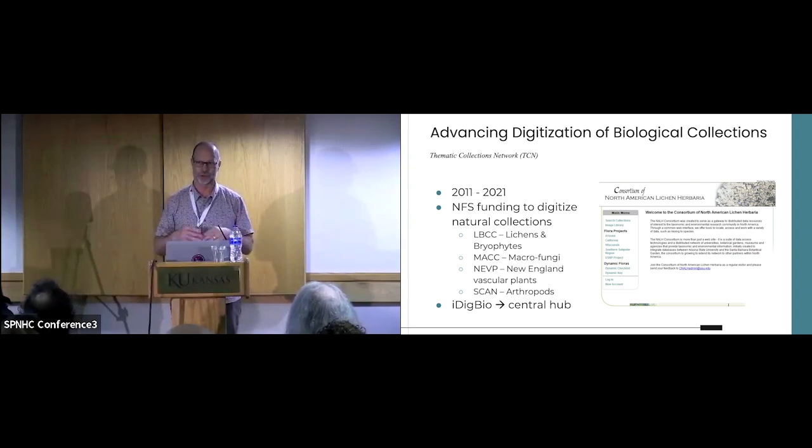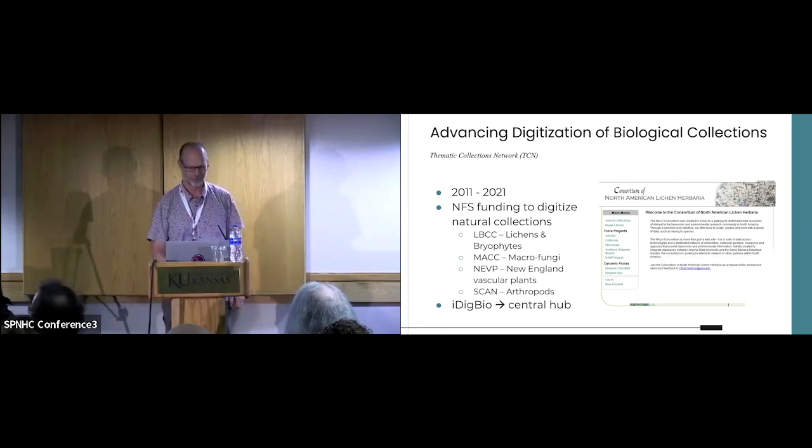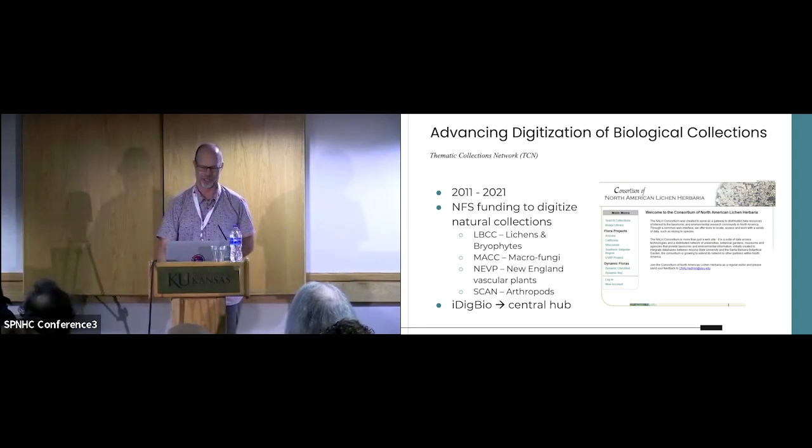Each of these projects was a collaboration of multiple collections, anywhere from a dozen to, for some of the TCNs, called thematic collection networks, 100 different collections. Some of the early digitization projects that were funded adopted Symbiota as their digitization hub.